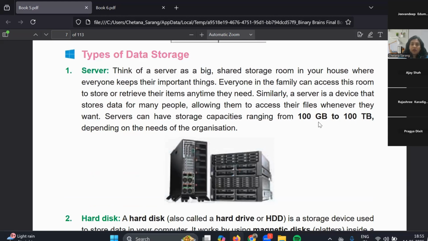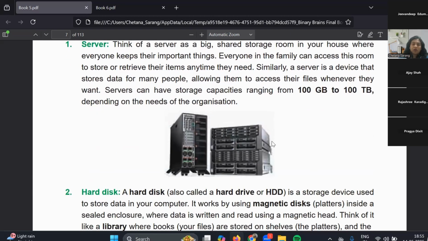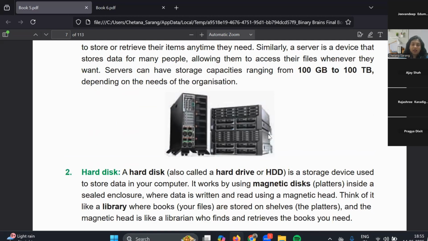It can store up to 100 GB to 100 TB. This was used earlier. Now nobody thinks of having this server because cloud has occupied and people have been realizing the worth of cloud. Not many people stick to servers, but this is almost history, having their own thing in the system for all small offices.